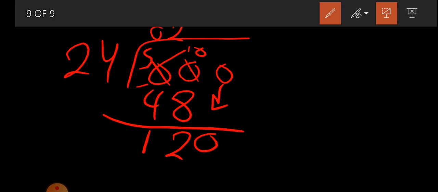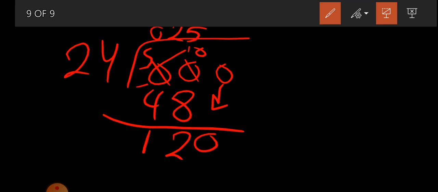Okay, to estimate this one, let's first see in the 100 how many 24s. If you don't know, how many 25s? 4 groups. With it I have 20 more here with the 100, so you can have one more group. So you can try 4 or 5. Try one of them and see which one will work.